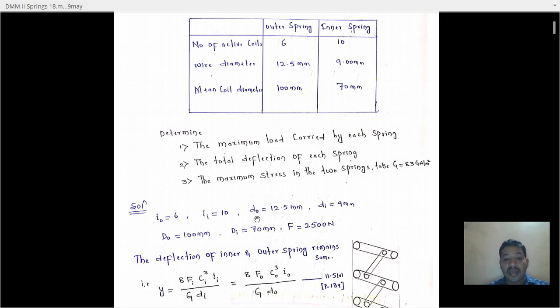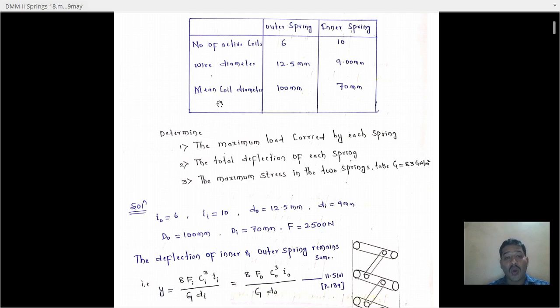Okay, and the diameter of the wire: the wire diameter of the outer spring is given as 12.5 mm, and the wire diameter of the inner spring, represented by Di, is given as 9 mm.